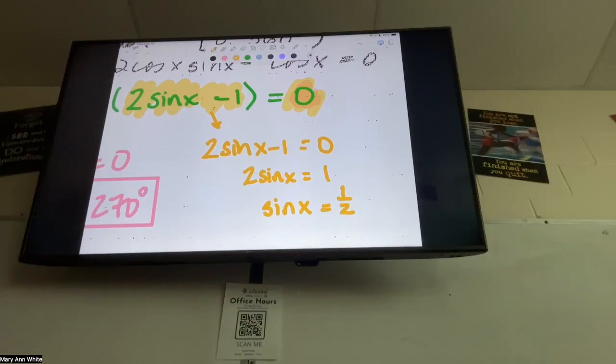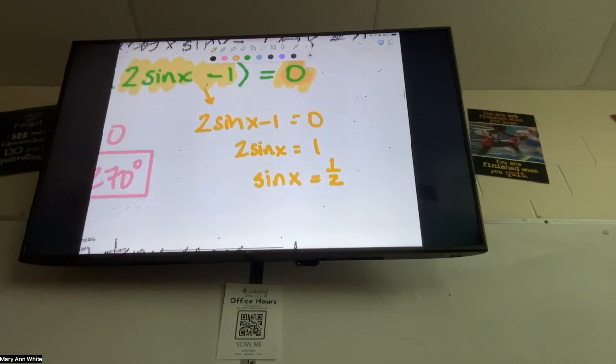So again, we had to get our trig function all alone. So now I ask myself, what has a sine of 1/2? Sine is y. 30 degrees. Where else do we have a positive sine? Quadrant 2.